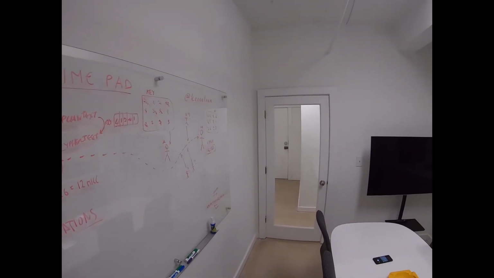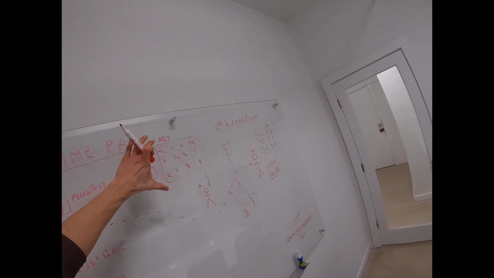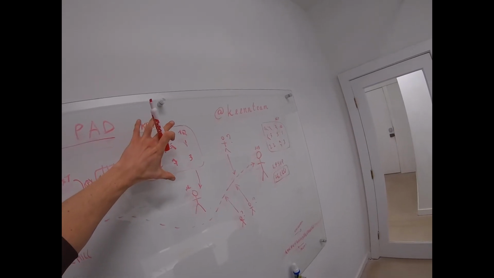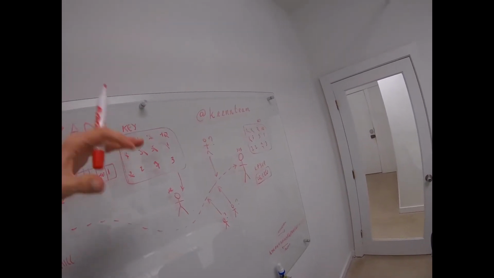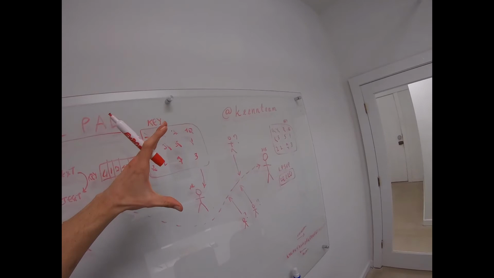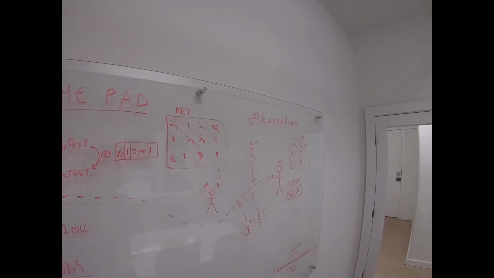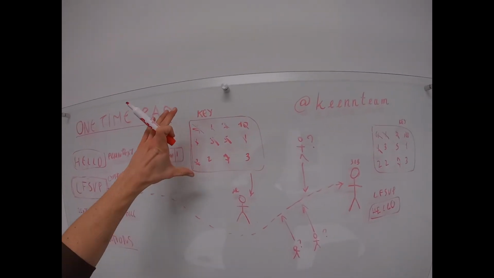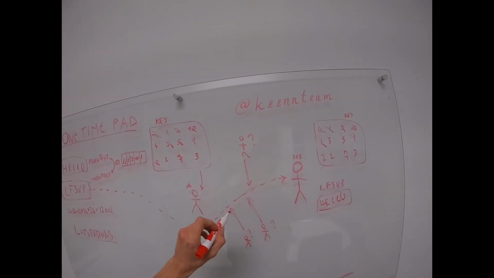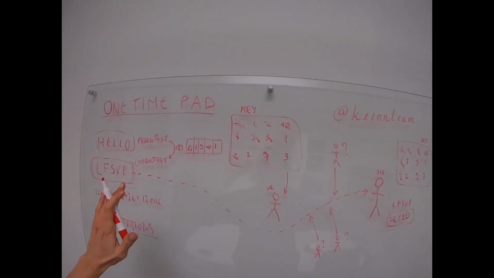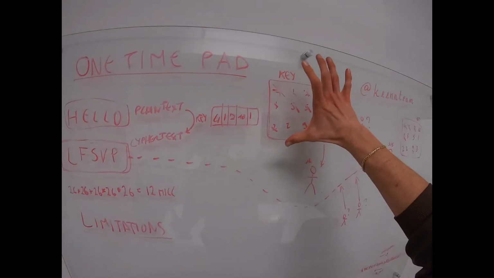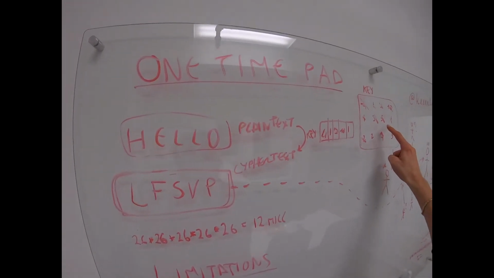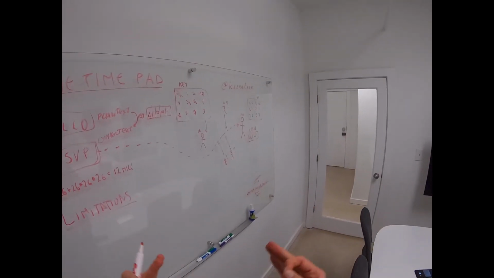I can't send him this by email. I can't send this by text message, because the internet, the Wi-Fi network, everything is a non-secure channel of communication. Anybody can be in the middle of me and Bob in an internet connection and eavesdrop this key. And so if somebody other than Bob has this key, then my encryption is broken and is not secure.